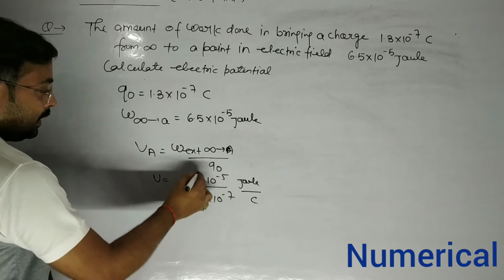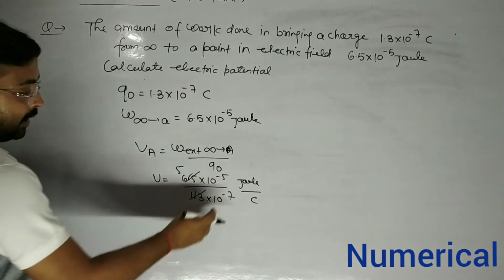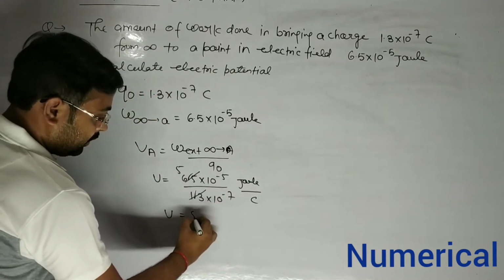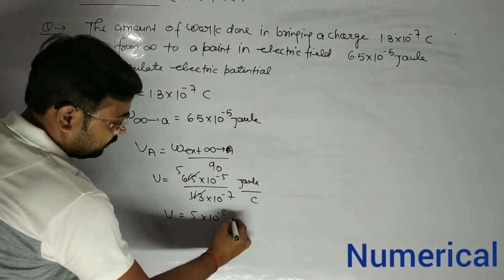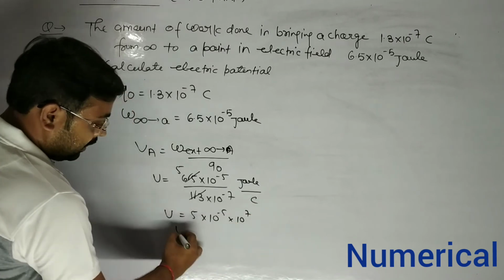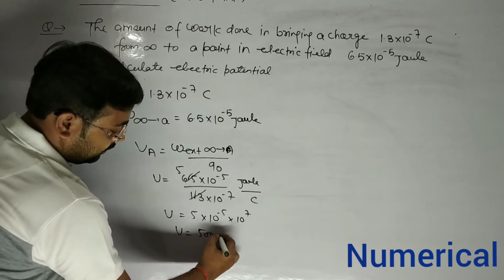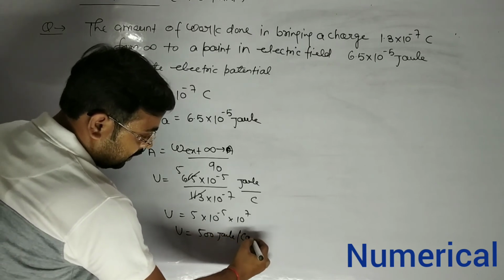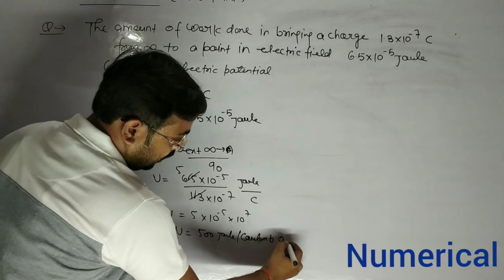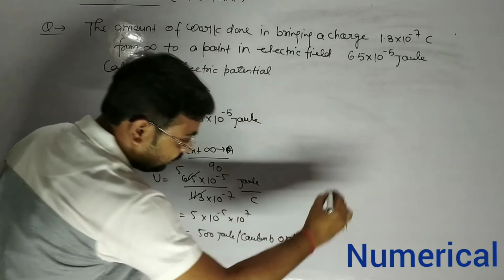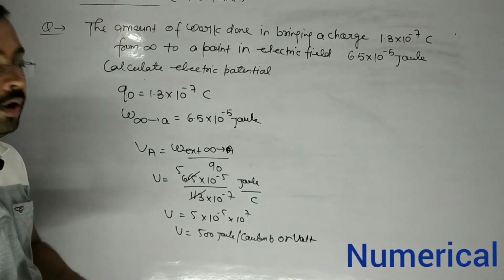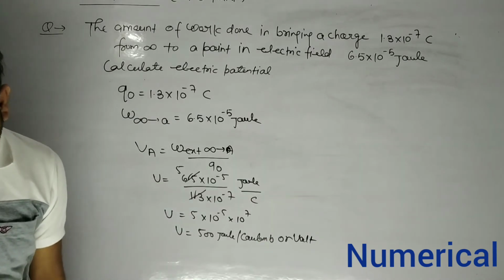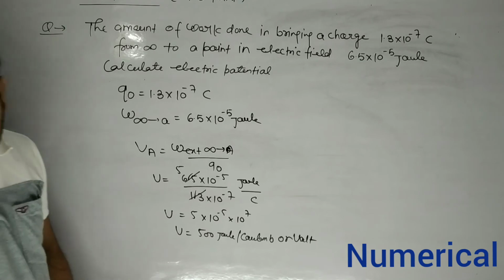The decimal cancels, 65 by 13 is 5, and the powers give 10 to the power 2. So V equals 500 joule per coulomb or volt. Joule per coulomb or volt.